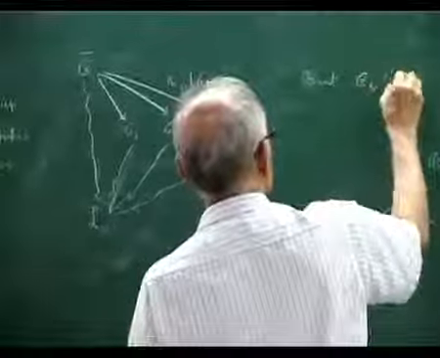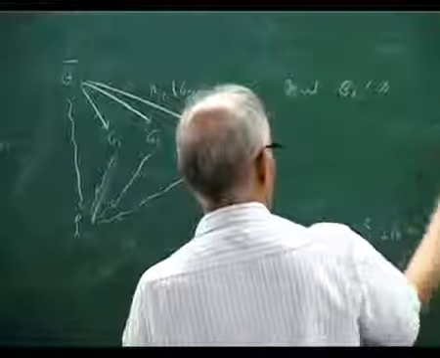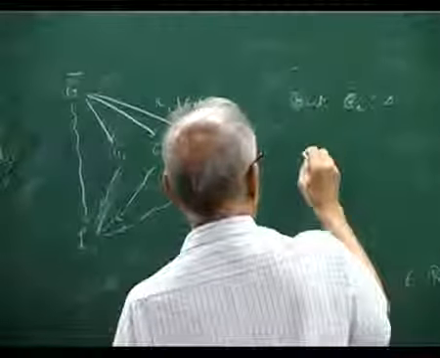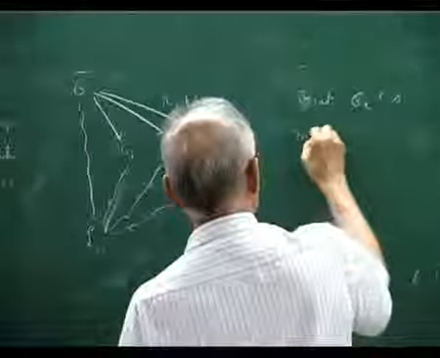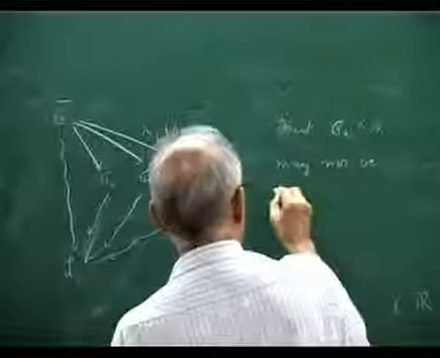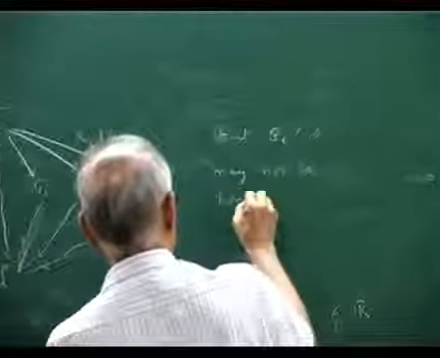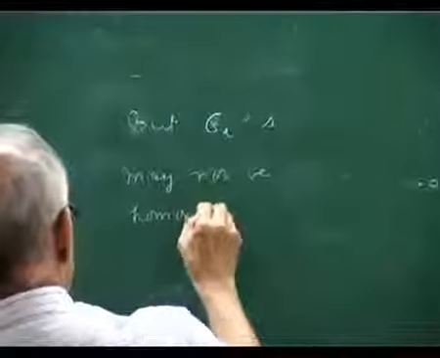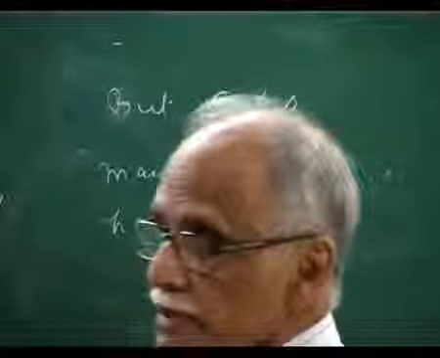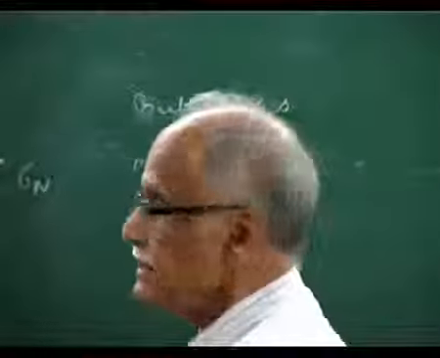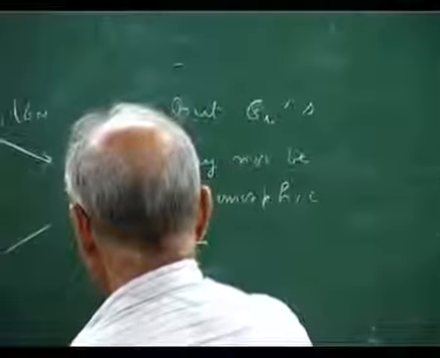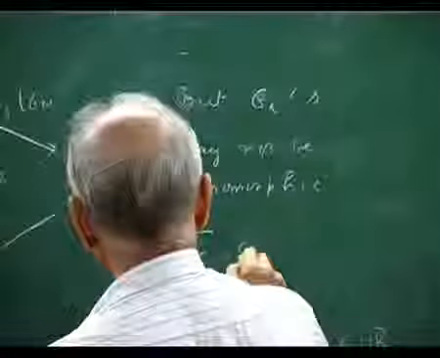The groups may not be homomorphic. Let me consider, let's say, this example, G bar. Then I will stop. I take SU2 cross SU2.